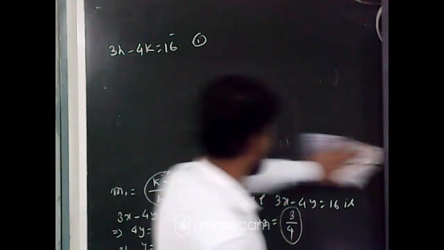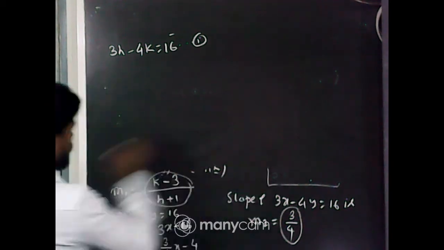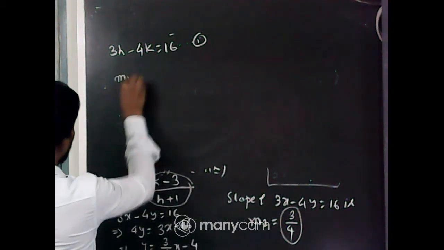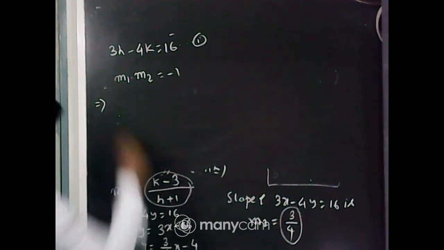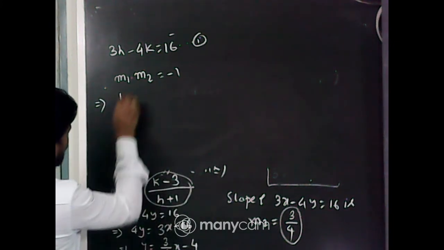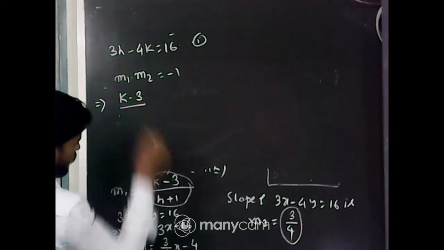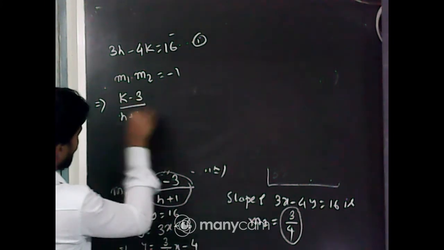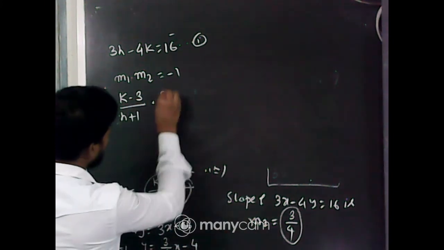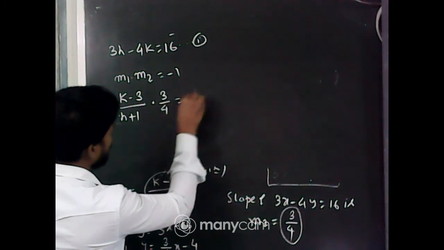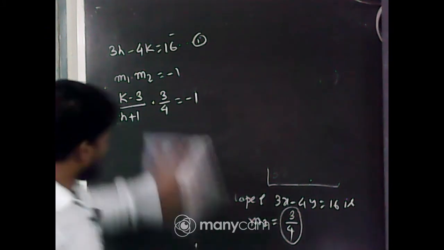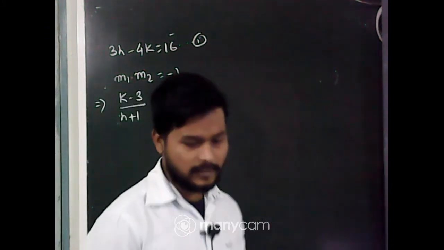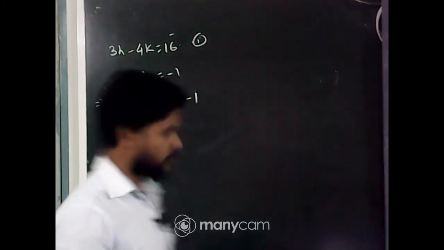As the lines are perpendicular, we have m1 into m2 equal to minus 1, which implies put the value m1 equal to (k minus 3) by (h plus 1) into m2, which is 3 by 4, that will be equal to minus 1. Now just do the calculation. You have another linear equation in two variables.